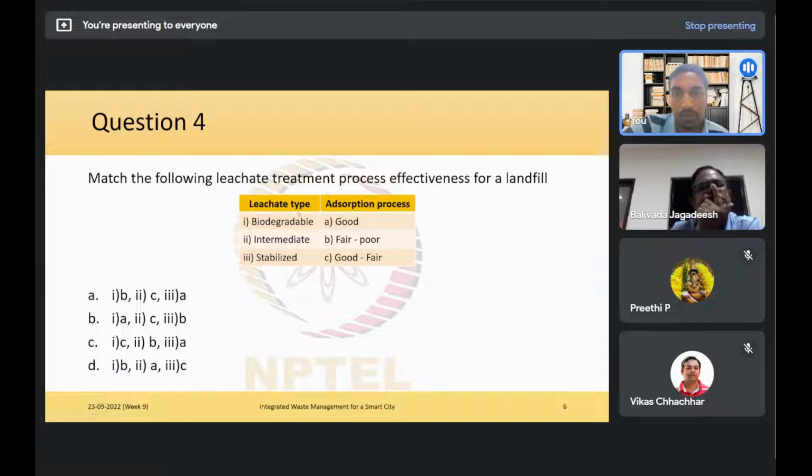So we need to match the type of leachate to what the effectiveness will be if you use an adsorption process to treat this leachate. We'll do a poll for this, so you can take a minute to think about it, and then answer that.